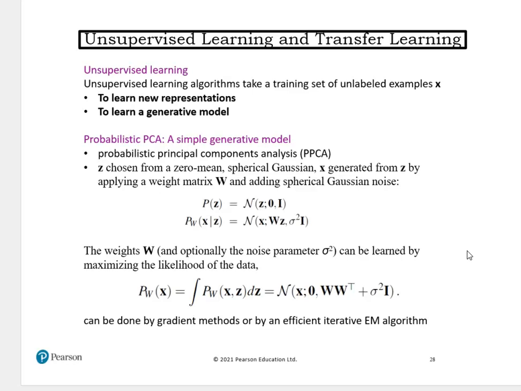Now, semi-supervised learning algorithms require some labeled data, but are able to improve their performance further by also studying unlabeled examples. So in this lecture today, we're going to cover these learning approaches: unsupervised learning, semi-supervised learning, and transfer learning.